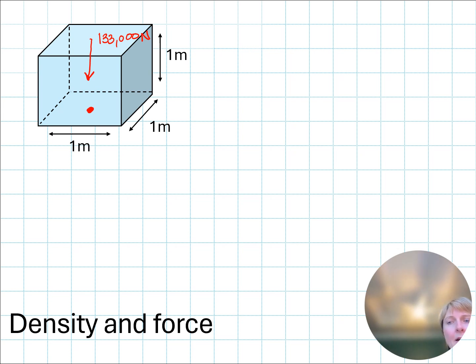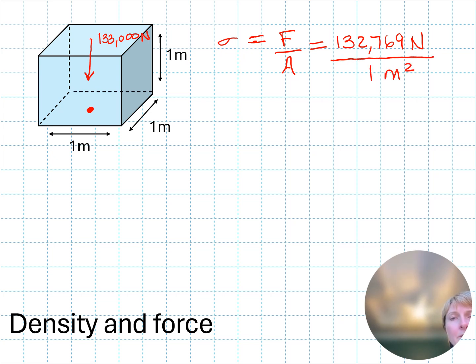And as we learned in prior lectures and videos, the stress is the force per unit area. So the weight force is acting downward, and it's going to distribute over this 1 meter square area of the cube bottom, and therefore my stress in this case is going to be 132,769 newtons of force over 1 square meter of area.